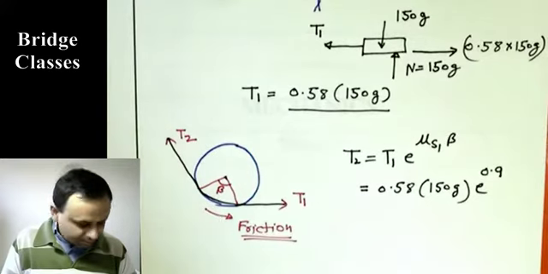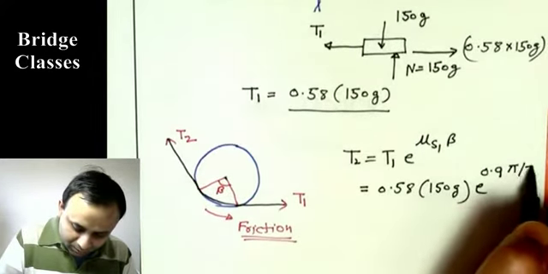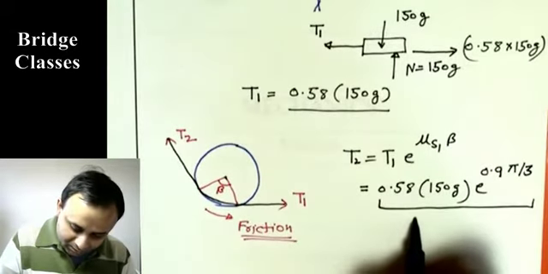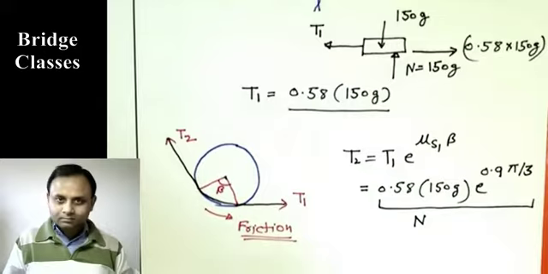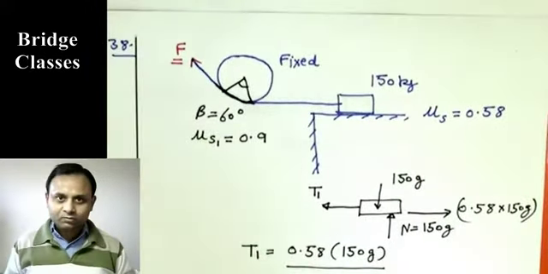This is 60 degree, so that is pi by 3 radian. This will be the answer; plug in numbers in Newton. This is the minimum force required to move the block.